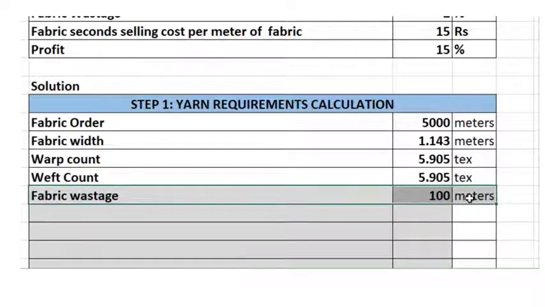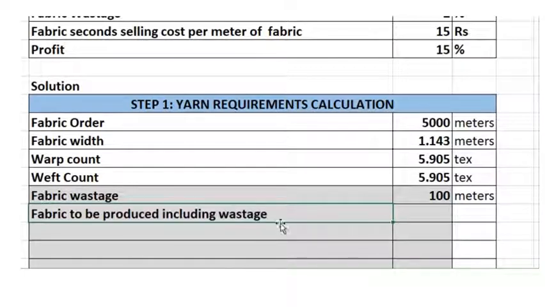We are separately calculating the fabric wastage because we have seconds selling. So we need to know how many meters of cloth is wasted. Or else, if only yarn requirements, we can calculate the total length of fabric to be produced. This wastage step is for the seconds revenue calculation.